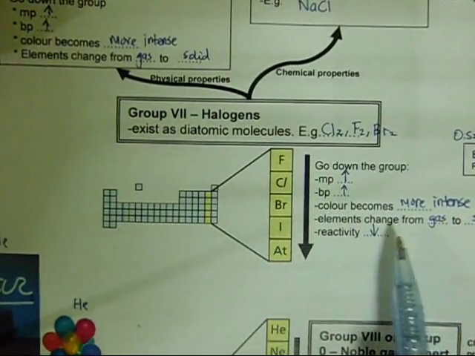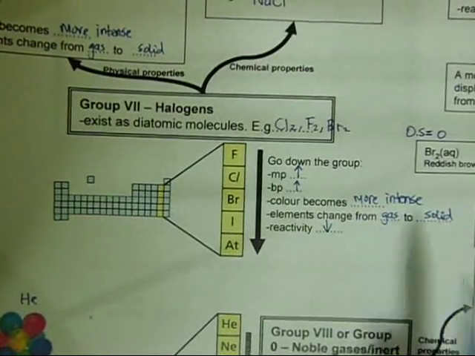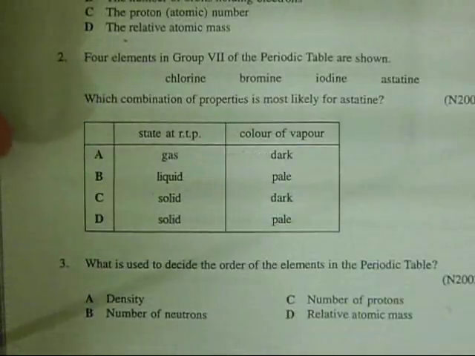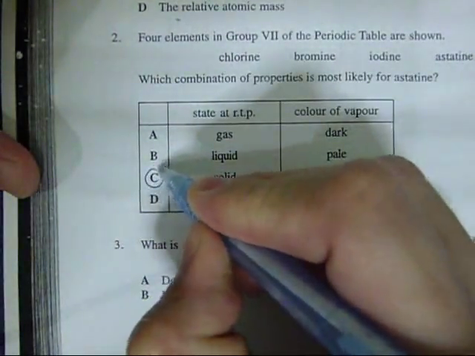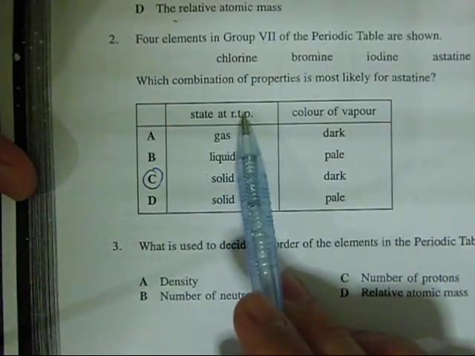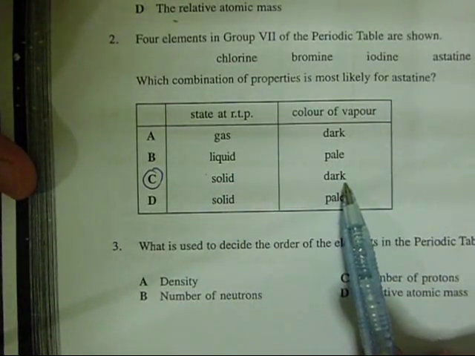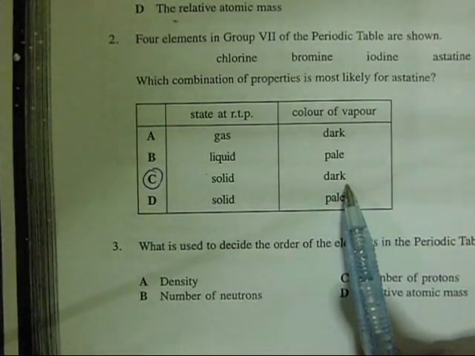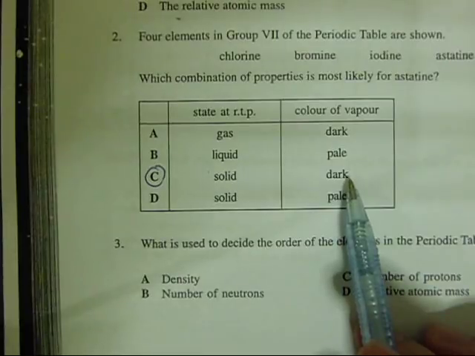Also elements change from gas to solid, so astatine would be solid. So for this question, the answer is C. The state at room temperature and pressure is solid, and the color of the vapor must be very dark, because as you go down the group, the color becomes more and more intense, or more and more dark.